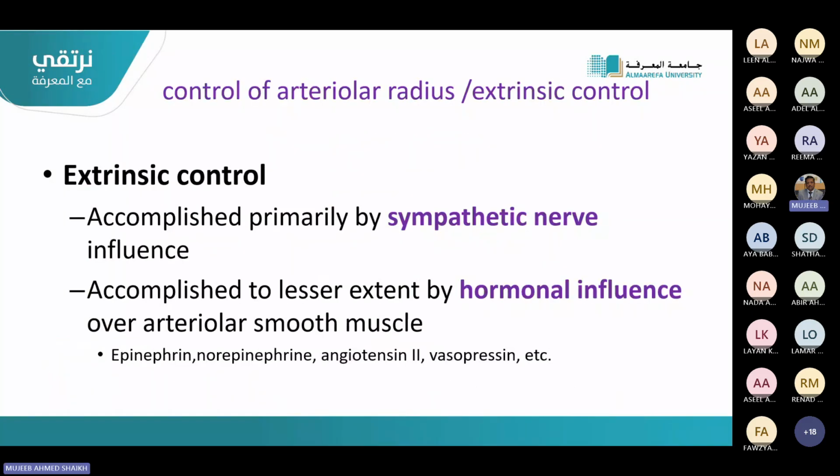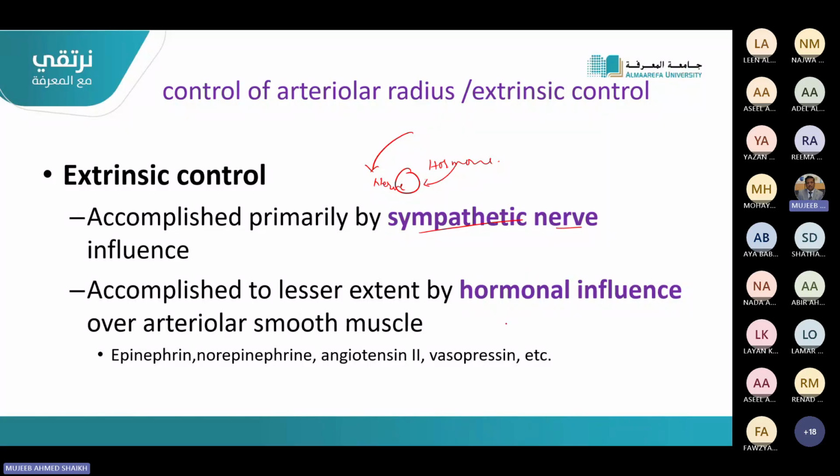Extrinsic mechanism is the one which is coming from outside to the blood vessel. Either it is a nerve or it is a hormone. Okay? Any hormone or any chemical which is affecting the size of the vessel. So sympathetic nerve supplied to the arteriole will cause constriction if there is more sympathetic activity, and vasodilatation if there is less sympathetic activity.